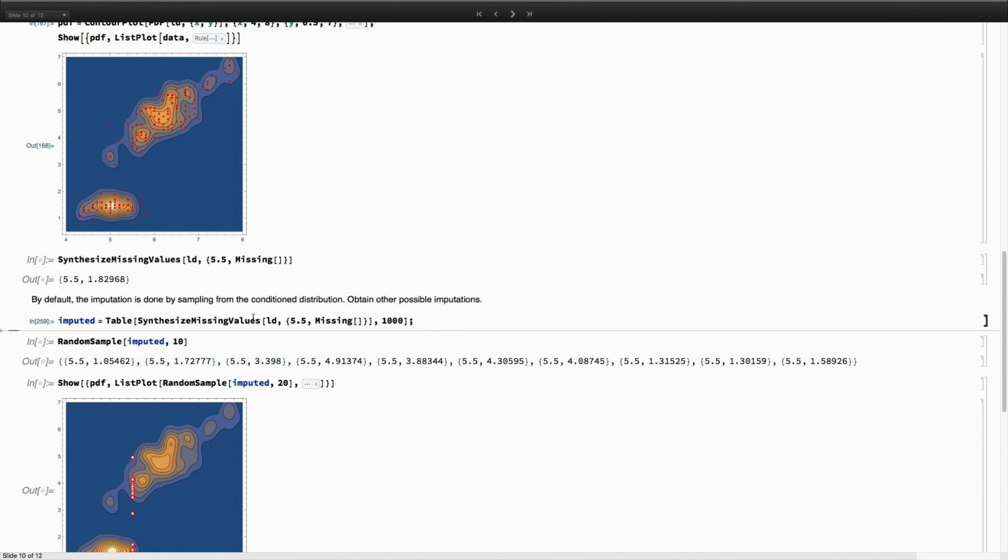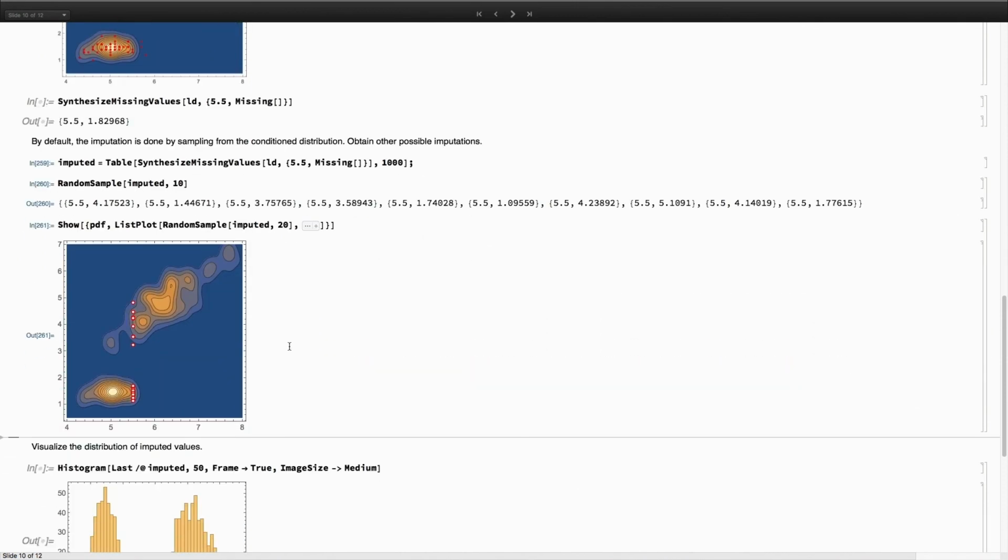Let's look at around 1,000 imputed missing values. As you can see, I'm drawing random samples from the conditional distribution for the missing values, which is conditioned on a known x value.